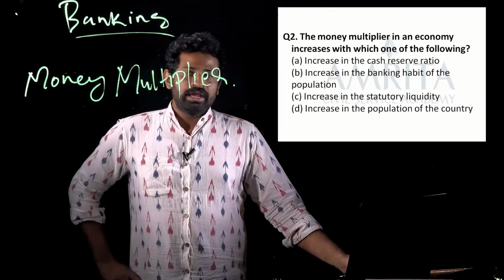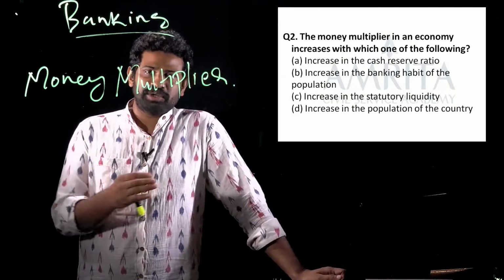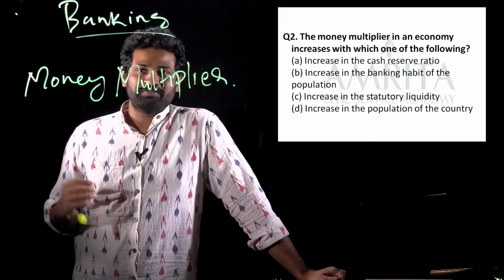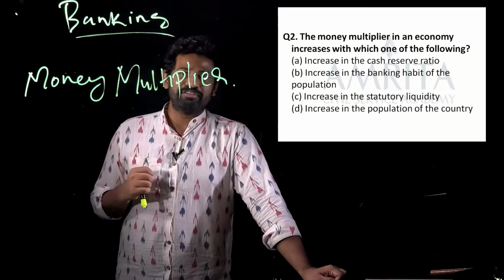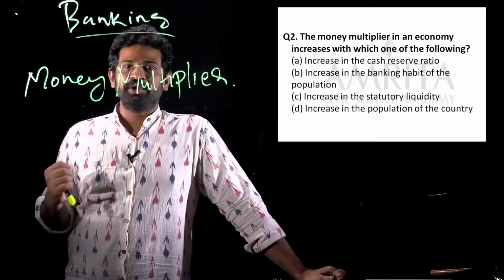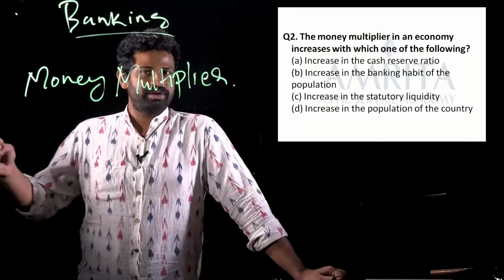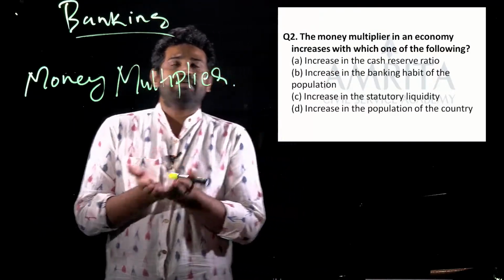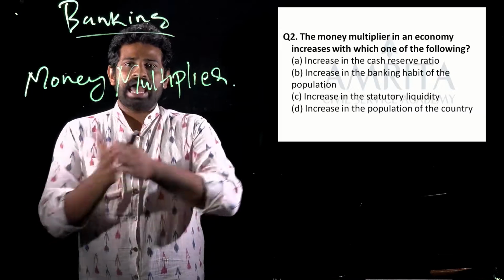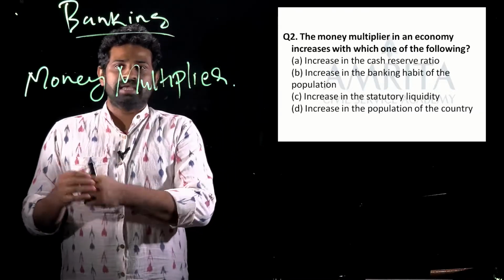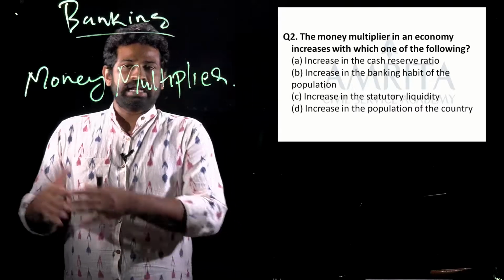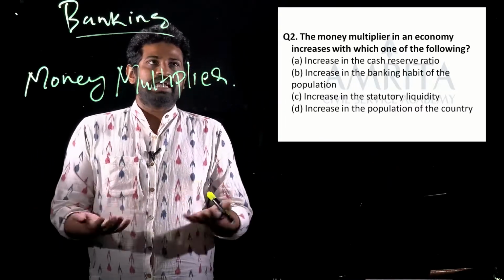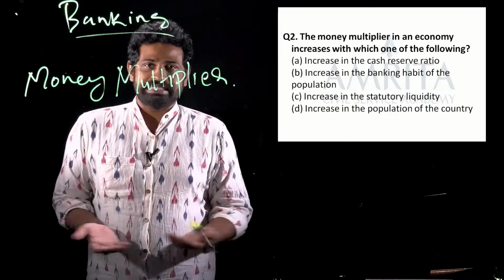So I hope you know what cash reserve ratio and statutory liquidity ratio are. I think that would be a basic understanding you should have, because without that knowledge, it would be kind of difficult to move forward. Even otherwise, you would have to know that CRR and SLR are something banks have to maintain, either in their own deposits or with RBI, so that the banking operations in the country are not destabilized.